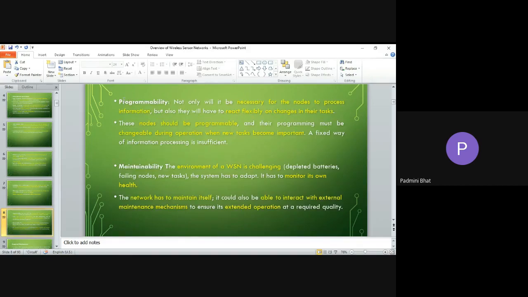Next is programmability. It is necessary for the nodes to process information, but they also have to react flexibly to changes in the task. If a slight change is there in the task, then the present node itself should be able to handle it. Yesterday you had one task, and for that you used one sensor node.